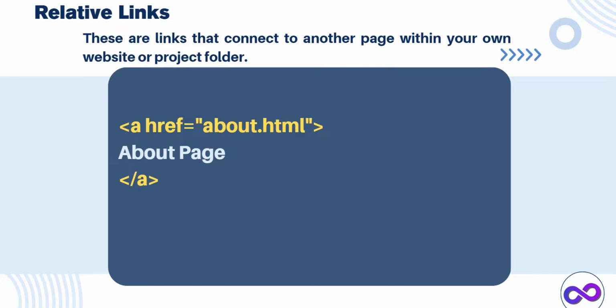The browser will automatically look for it in the same directory. We use relative links for internal navigation between your site's pages. If your site has multiple pages like home, about, and contact, relative links make them work together.